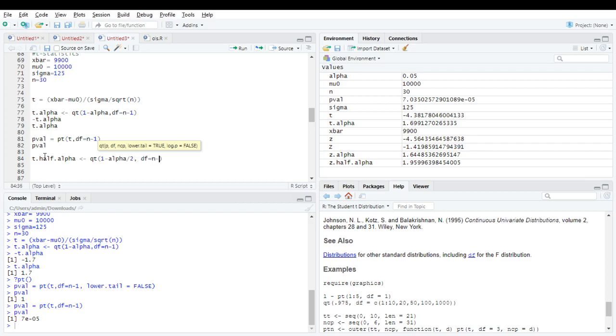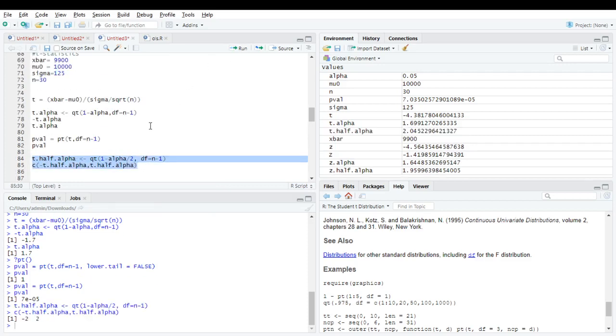Degree of freedom will be n minus 1, and our range will be minus t alpha to t alpha. Run it. This will be minus 2 to 2.